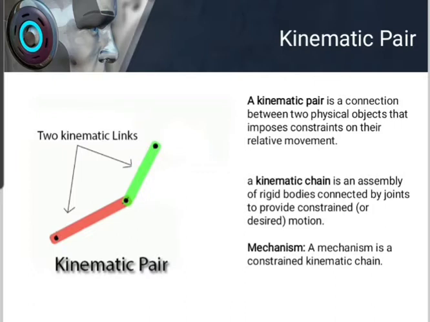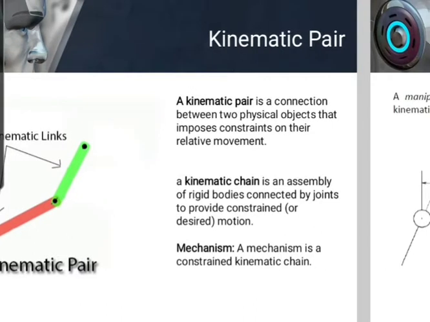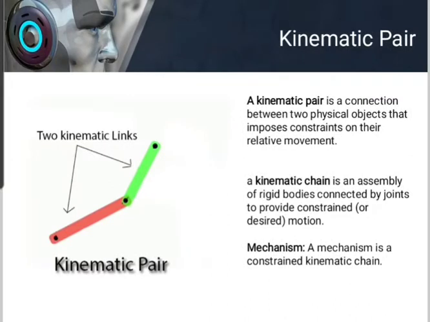So the first is kinematic pair. A kinematic pair is a connection between two physical objects that imposes a constraint on their relative movement.